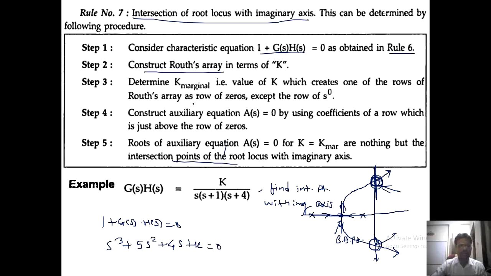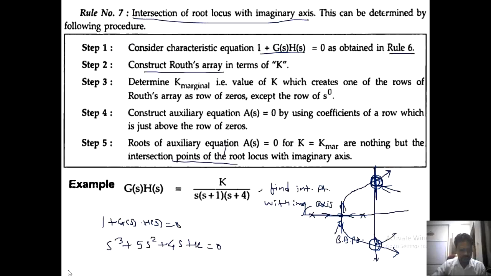Now step number 2 is to construct a Routh array in terms of k. So let us construct the Routh array for this pattern. I am again writing the characteristic equation: s cube plus 5s square plus 4s plus k equal to 0.